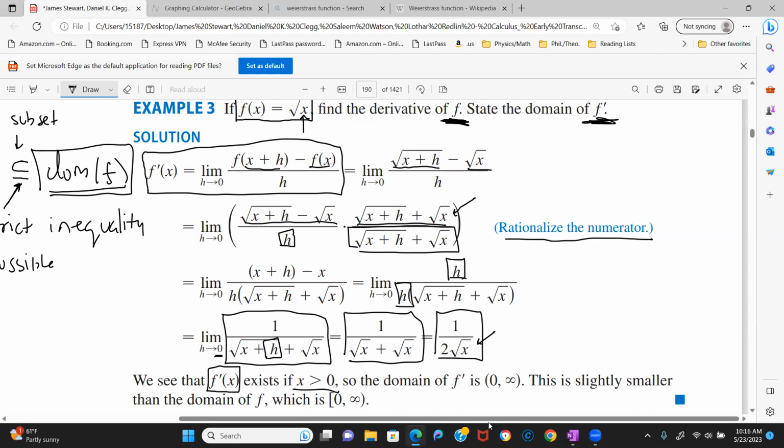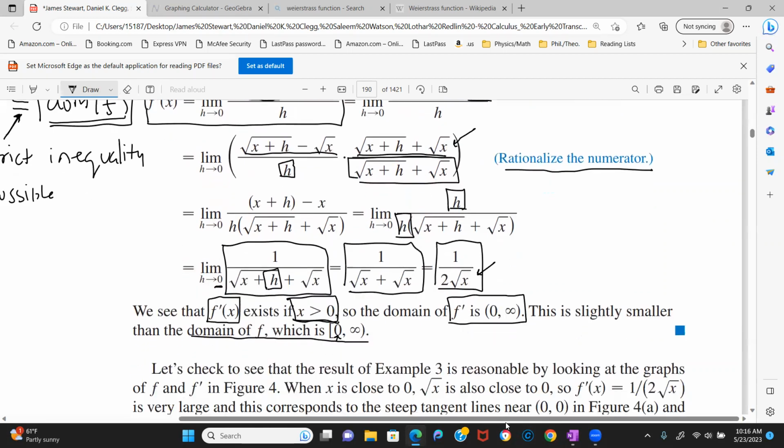That is, this limit exists only if x is strictly bigger than 0. So the domain of f prime is all the positive numbers, while the domain of f is the positive numbers, including 0 right here. You can plug in 0 to the square root. So the domain of the derivative is going to be slightly smaller than the domain of f.